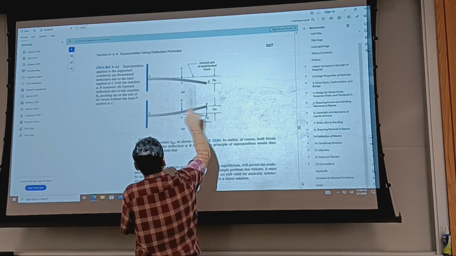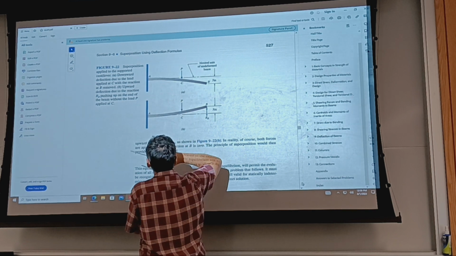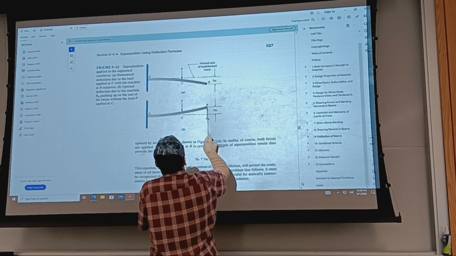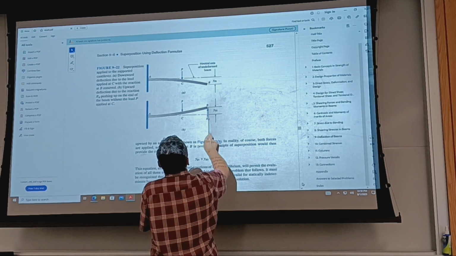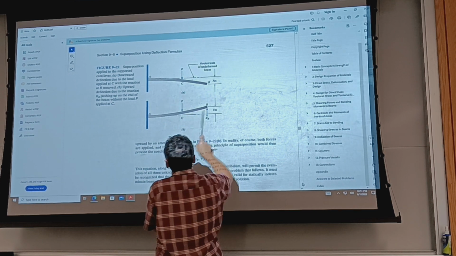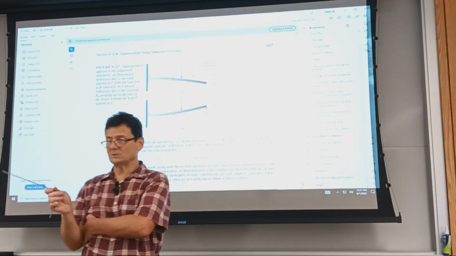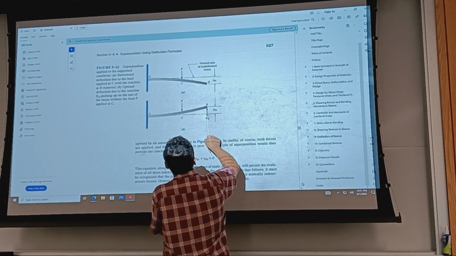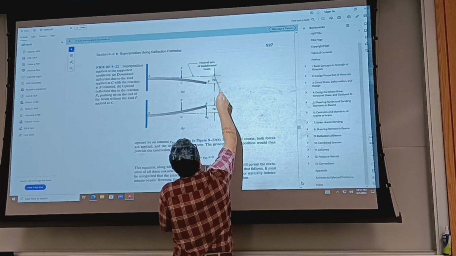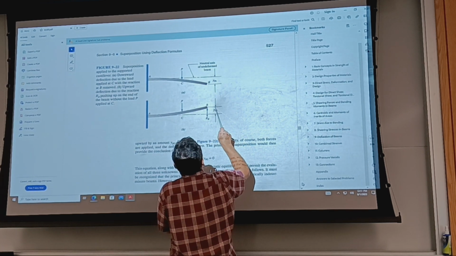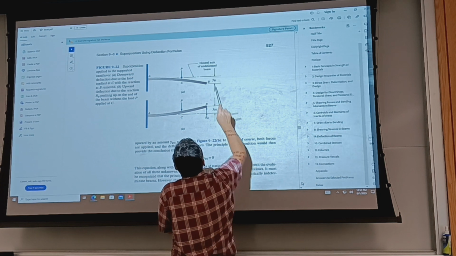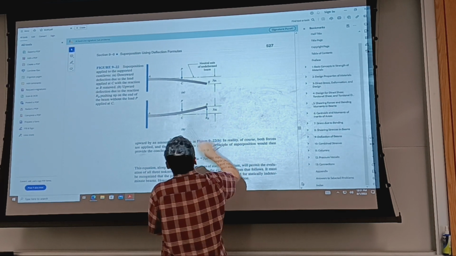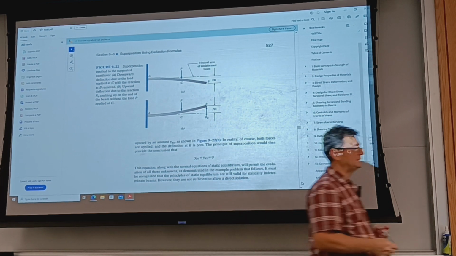A cantilever, or supported cantilever, has a load, and then you add another force acting at the end from below. So in the equations for the deflection in the appendix, you make a P a negative P, and then you set this deflection and this deflection equal. Well, one will be negative, the other one will be positive, and you solve for RB.